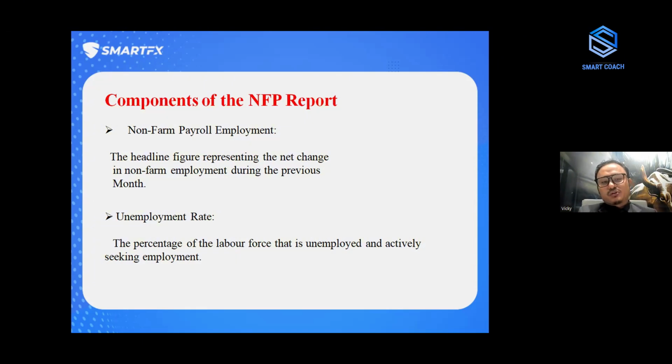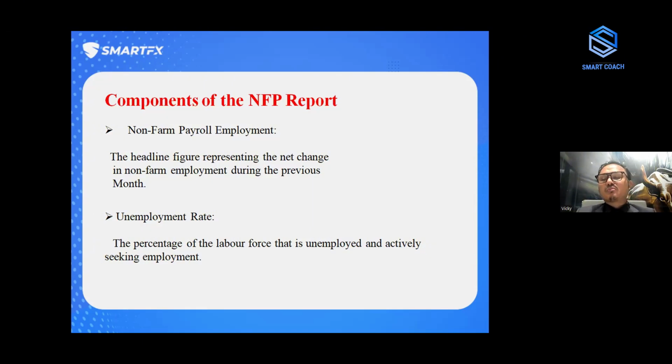And we'll come down to the unemployment rate. The percentage of the labor force that is unemployed and actively seeking employment. So the unemployment rate is where they check how many people have actually gone out of a job.